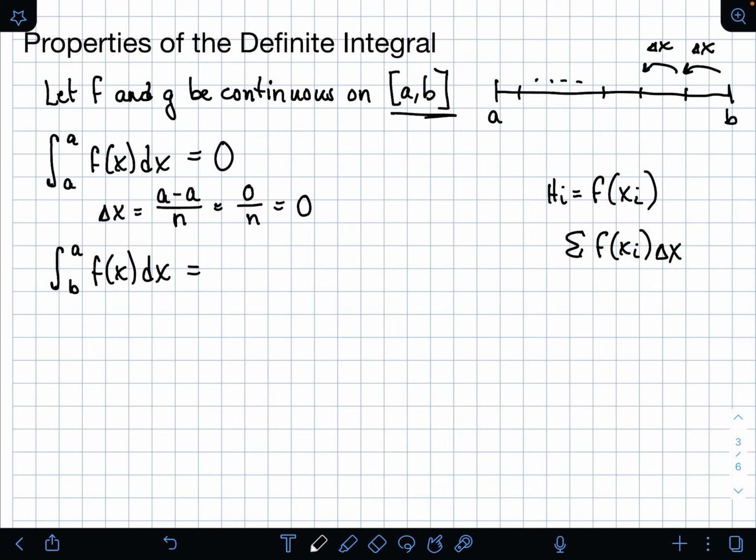The result then is that we're going to get the same value for area as if we did it from left to right, but because we're reversing the direction, the sign of delta x changes to negative, and that causes the area of each of our rectangles to come out negative, and therefore the answer to come out negative. All the heights and widths would still be the same, but they would all have a negative value instead of a positive.